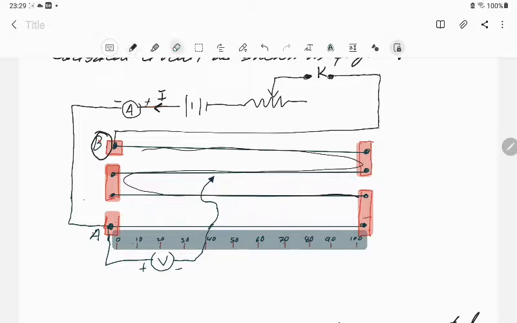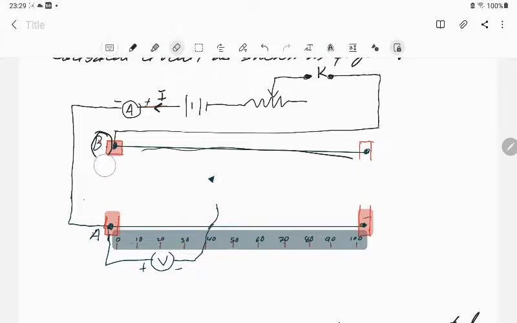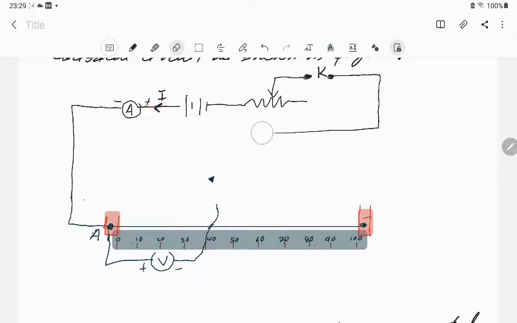I will just delete this one and connect this B here. So this is point B.